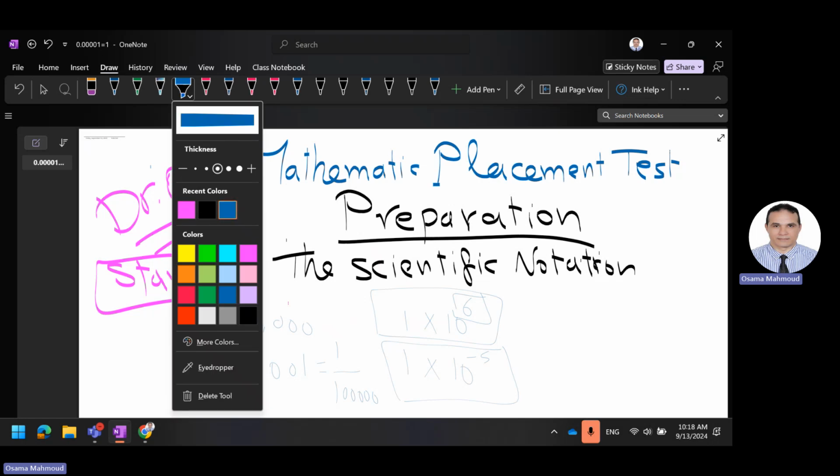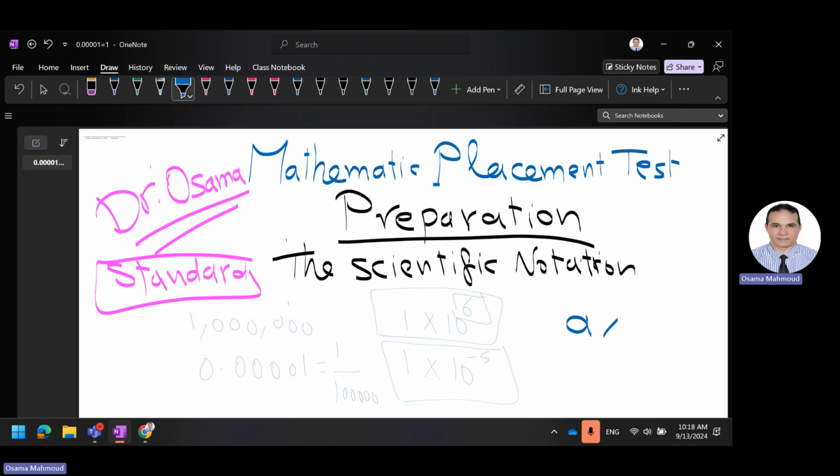The condition is your scientific notation is A times 10 to N, right? A must be greater than or equal to 1, but less than 10. It is not acceptable to have such one, say 23 times 10 to the power 3. This one is not acceptable.